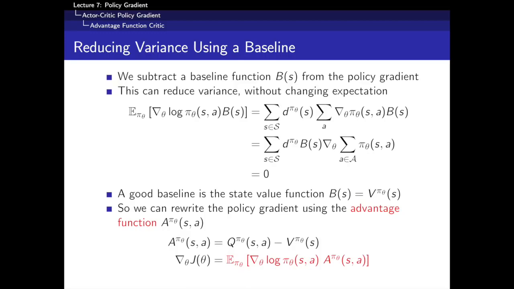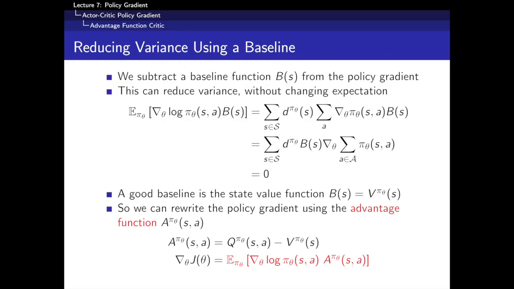This is a probability distribution, so it must sum to 1. So now we have the gradient of 1. The gradient of a constant is always 0. And so we see that this whole term is actually 0. This whole term that we're adding or subtracting is zero mean. It's got zero expectation. Okay? So it's completely legitimate to add or subtract any term of this form.